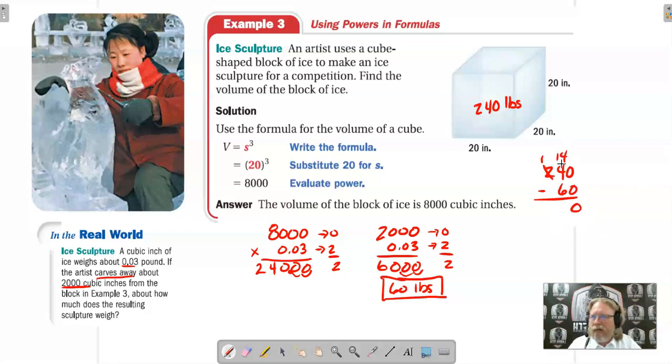We're borrowing a 1, adding it to the 4. We're actually borrowing 100 and adding it to 40. But 14 minus 6 is, what is that, 8, right? Yep, and then I have the 1 to bring down. So all in all, the weight of the sculpture itself is about 180 pounds.